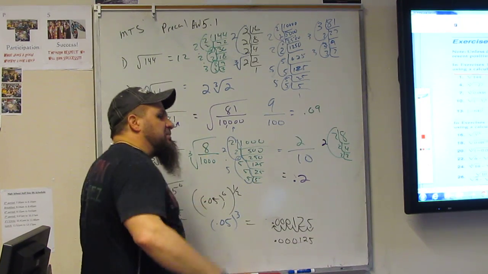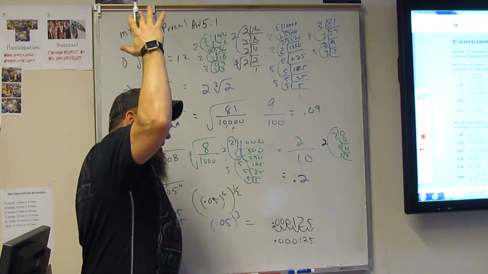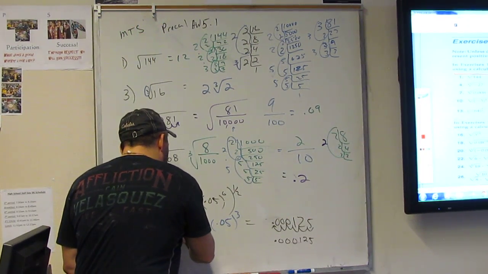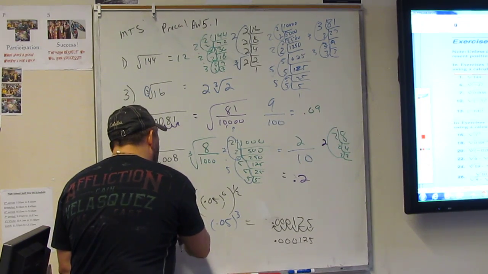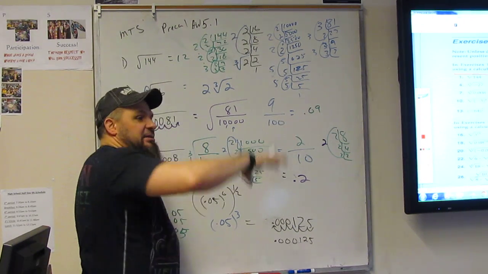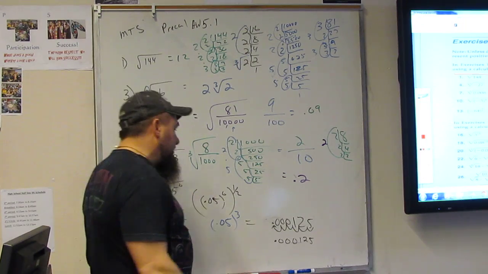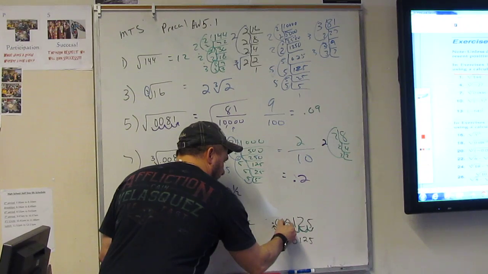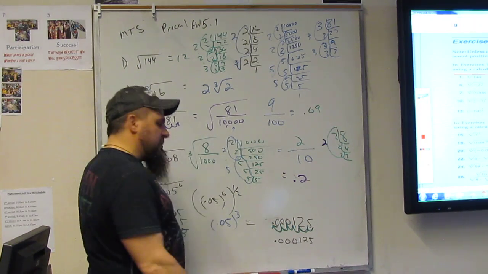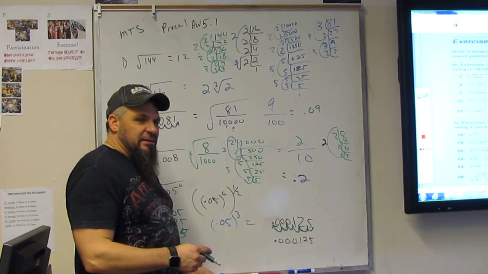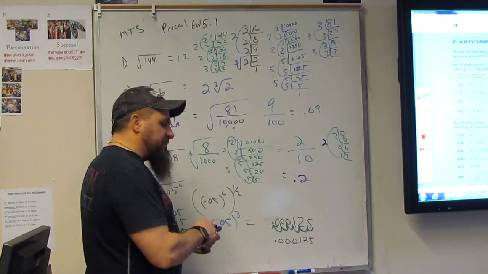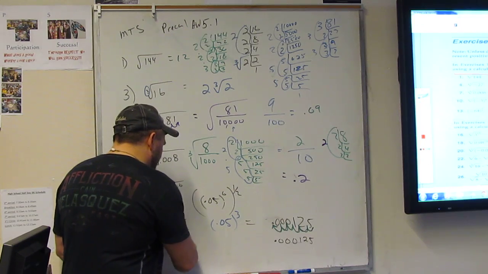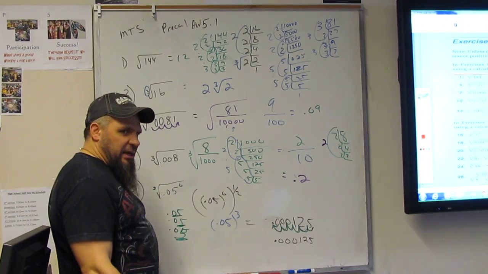So what I did is just multiply the 5s, get the 125, and then count how many decimal places I have, which is 1, 2, 3, 4, 5, 6. So now I'm going to move it over 6 places. So 6 decimal places because of these 2, and these 2, and these 2.